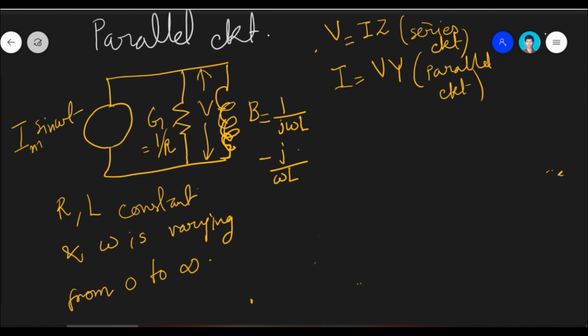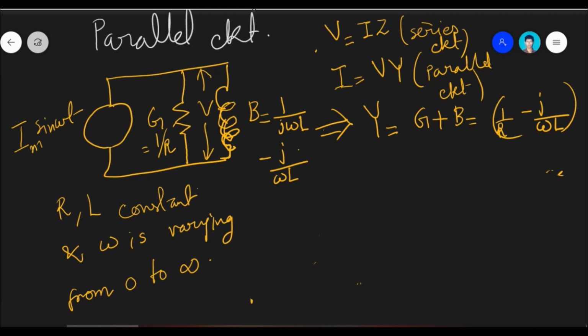Isn't it just like a series RC circuit? What is the admittance of this circuit? This circuit admittance is G plus B, that is 1 by R minus j by omega L.